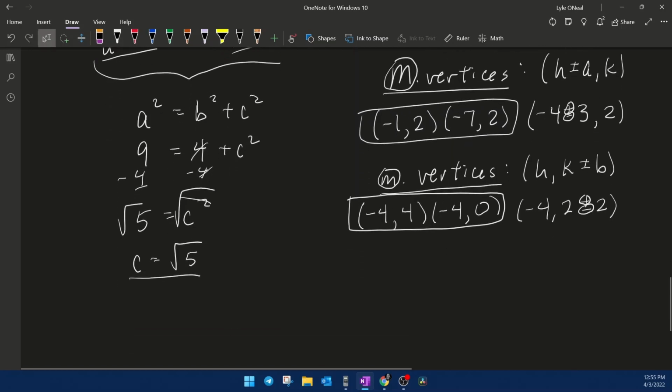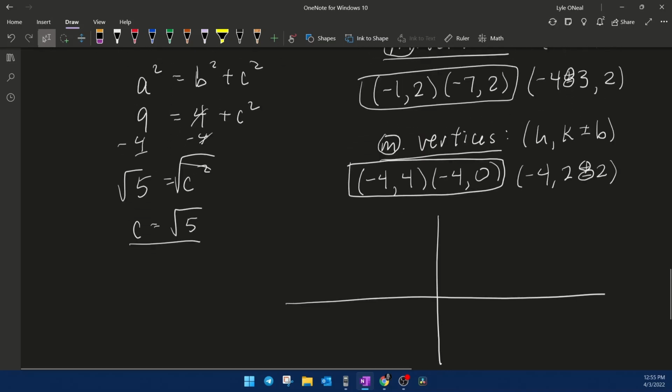Remember we said once we get the vertices, we can get the graph. So let's go ahead and sketch a quick graph of this ellipse. So the major vertices would be at negative 1, 2, and at negative 7, 2. The minor vertices at negative 4, 4, and at negative 4, 0.